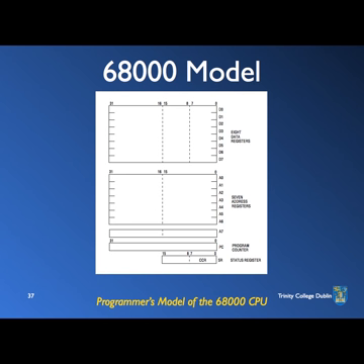Add 2008 to D0. So how many have we got now? We have 1, 2, 3, 4, 5, 6.